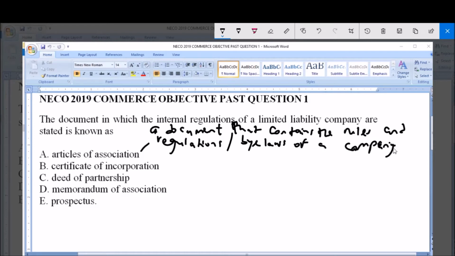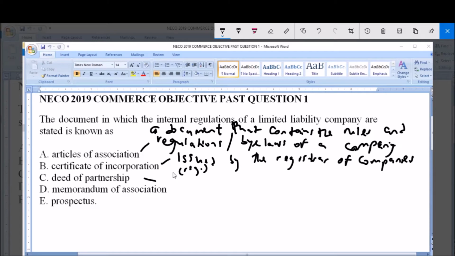So any form of company. Now option B, which is certificate of incorporation, is a document issued by the registrar of companies. Now this is done to certify their registration.